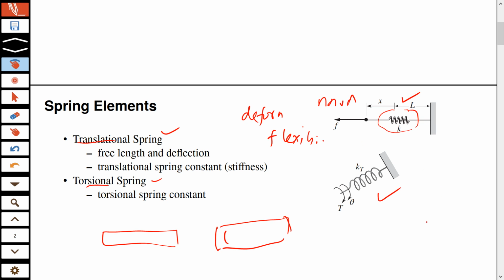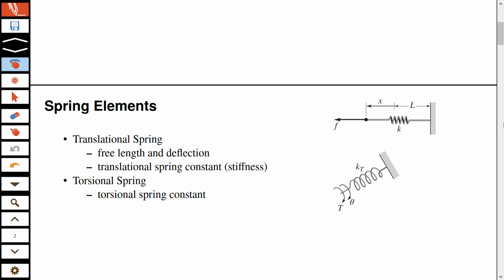Okay, in the first part of this course we said that things are deformable or rigid. So if they are not rigid, then you model that property as a spring. And how do you know whether you model something as a translational spring or as a torsional spring? कैसे पता चलेगा? तो उसका ताल्लुक सिर्फ सिंबल से नहीं है, सिंबल तो आप बाद में ड्रॉ करेंगे ना, उसका ताल्लुक लोड से है.